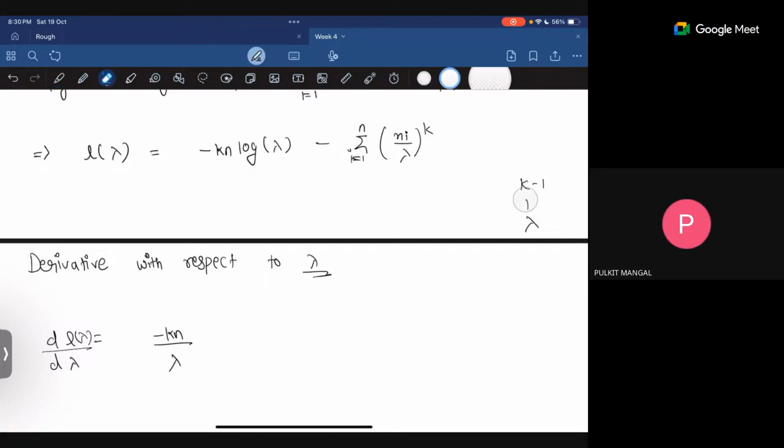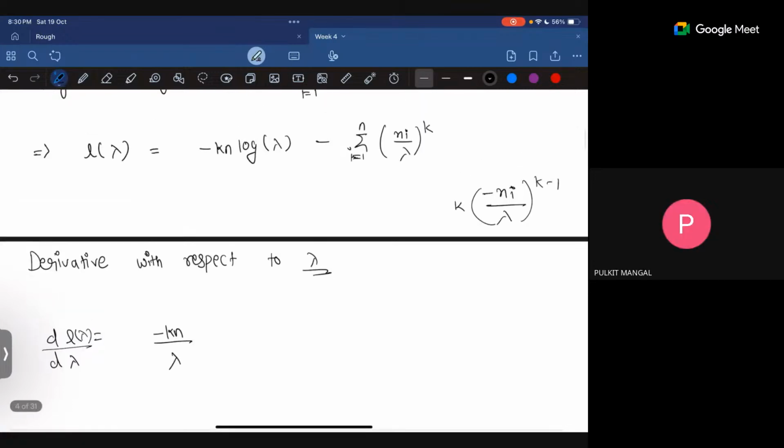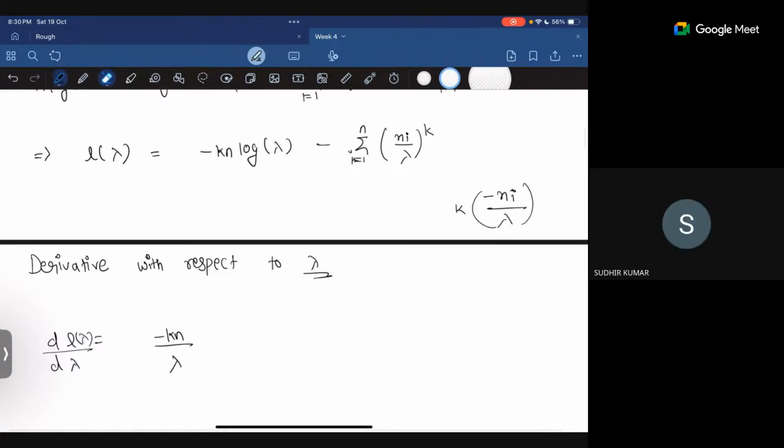So you mean this form, minus xi by lambda whole power k minus 1 and k, like this? Sir, you can write it as xi to the power k into lambda to the power minus k.